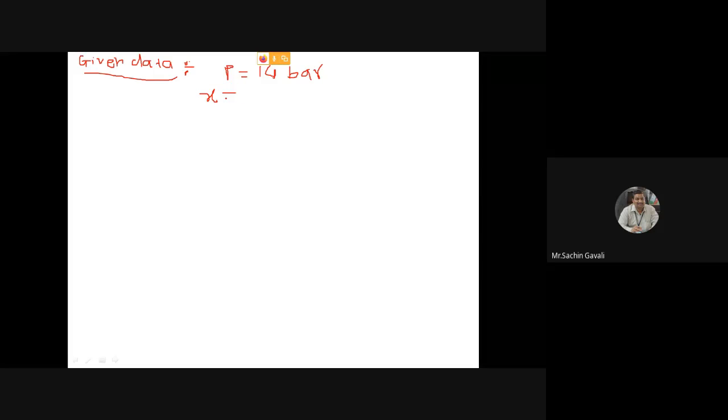So x is equal to 0.95. What is the quality of steam generated from the boiler? Wet steam, because the dryness fraction is less than 1, between 0 and 1. Okay, so the steam is wet.